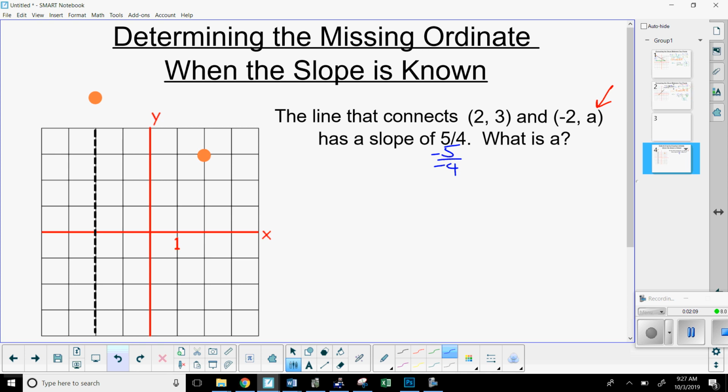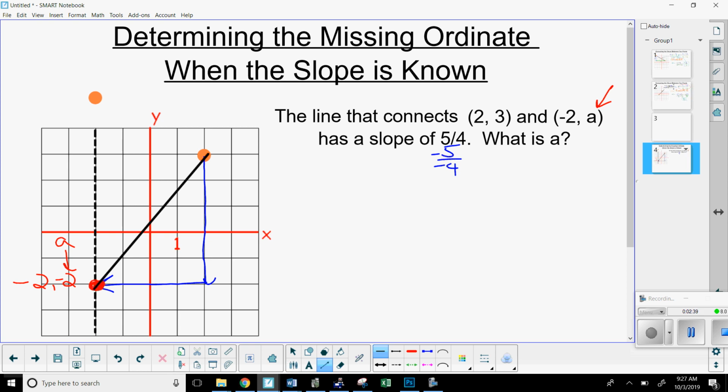So I will go down 5, and then I will go left 4. And you'll see here that this point seems to be negative 2 comma negative 2. So I would probably guess that a is negative 2 because I've drawn a slope of 5/4 through the one point, which guarantees me to hit the other point.